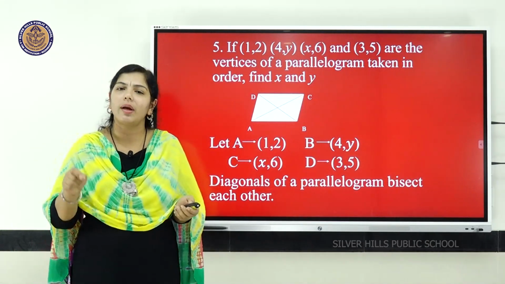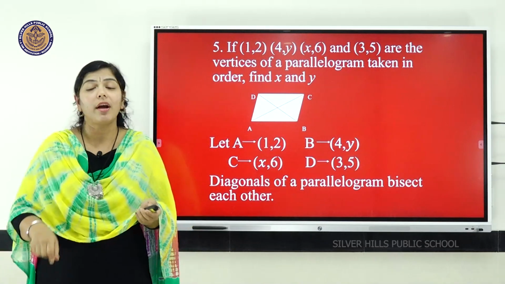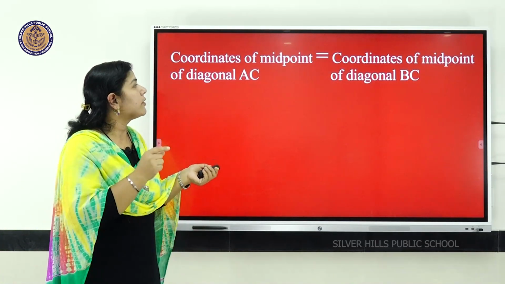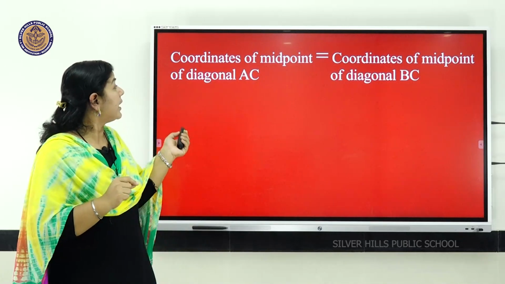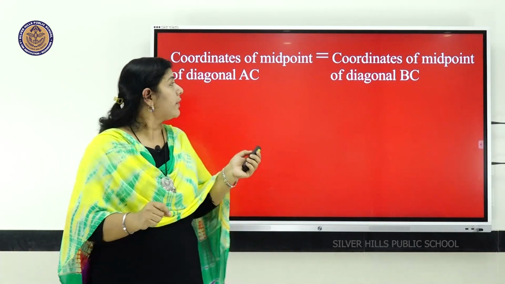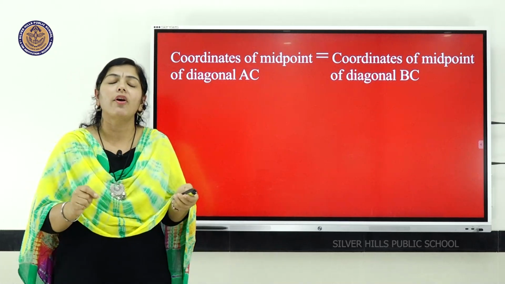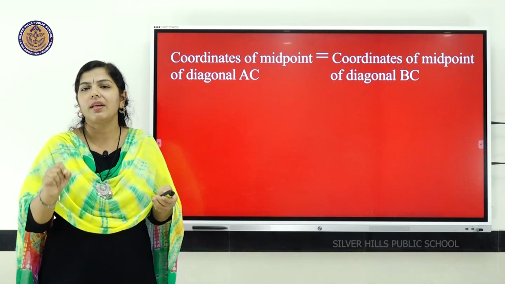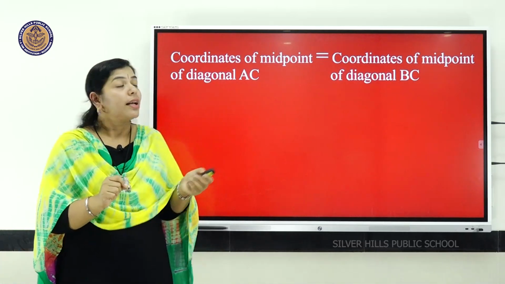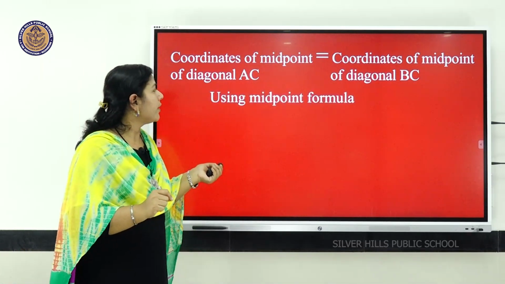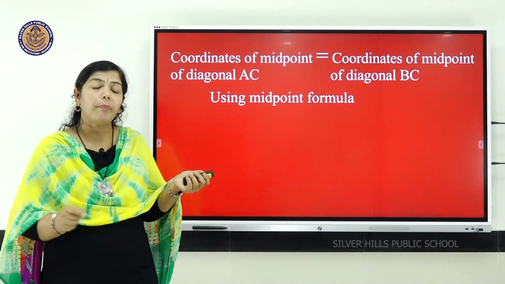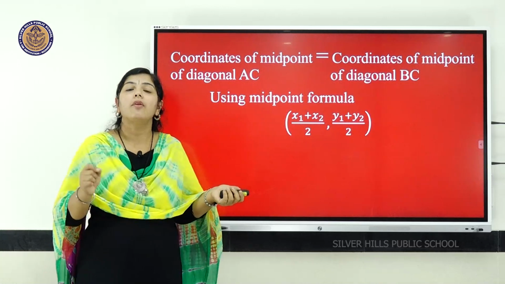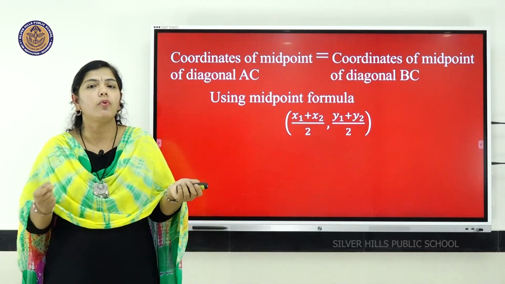So, let us see how to apply the midpoint formula here. The coordinates of the midpoint of diagonal AC equal the coordinates of the midpoint of diagonal BD. The two diagonals' midpoints are the same. The midpoint formula is x1 plus x2 by 2 and y1 plus y2 by 2.